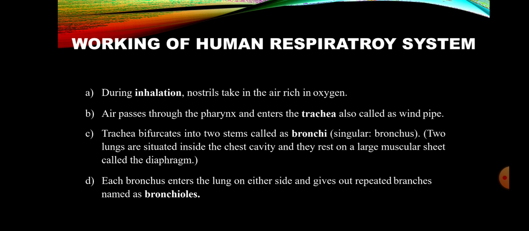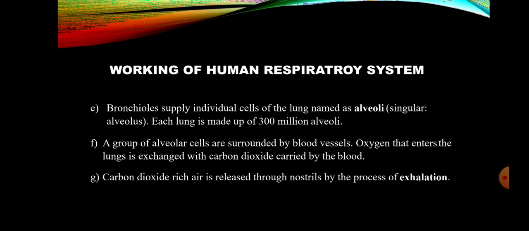Each bronchus enters the lung on either side and gives out repeated branches named bronchioles. So now we'll understand the working of the human respiratory system. Bronchioles supply individual cells of the lung named alveoli, and the singular of alveoli is alveolus.